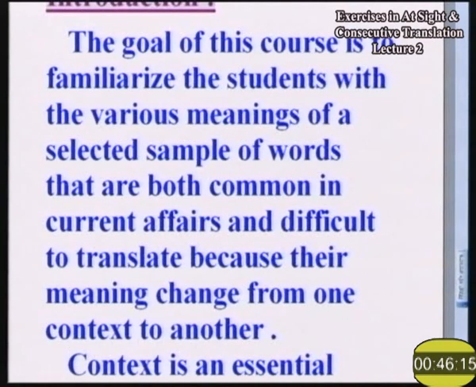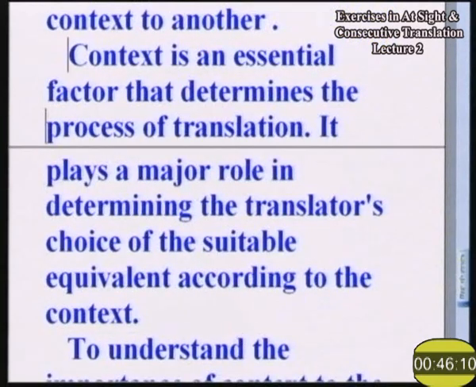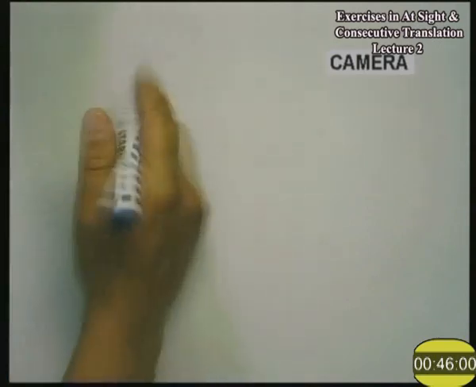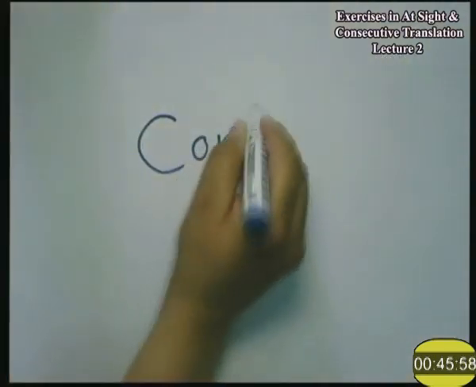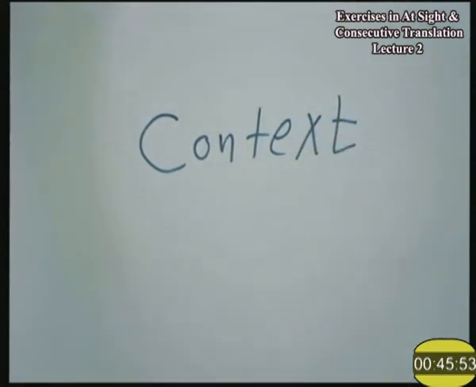So we have to be very much aware of the word context. Now we are going to talk about the idea of context. Context is a very important element in the process of translation. You cannot translate unless you are very much aware of the context of the word you are dealing with.